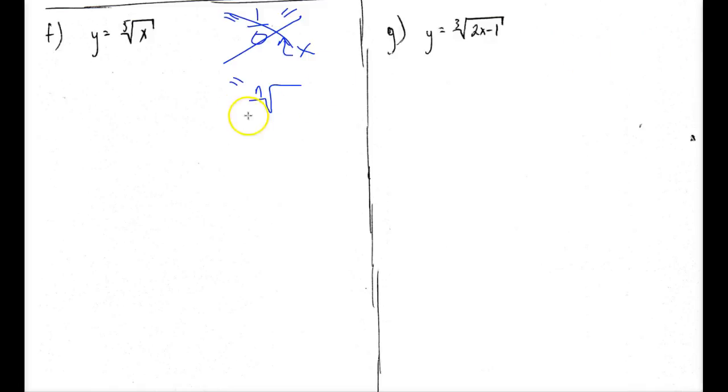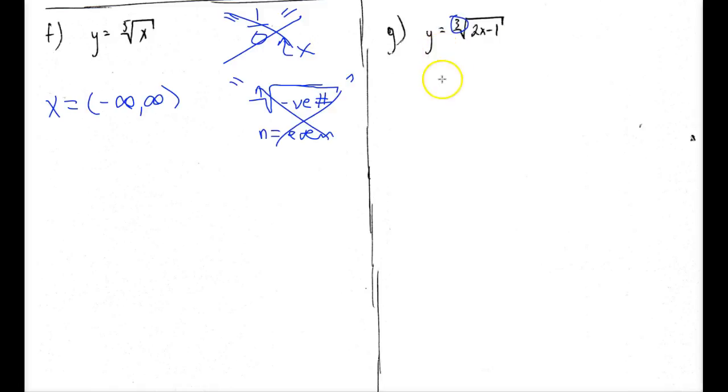But yeah, we don't have the issue here of having a negative number in the radical where this is even, and we don't have that because that's odd. So here, because of that, the answer is pretty simple. Our domain is all real numbers. And of course, for G, it's the same thing.